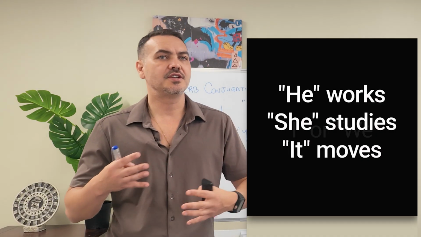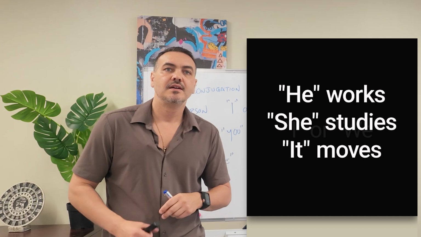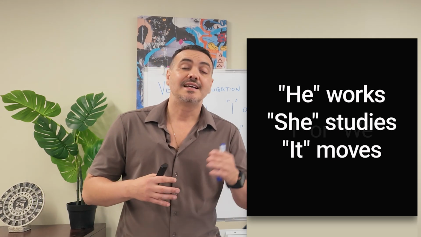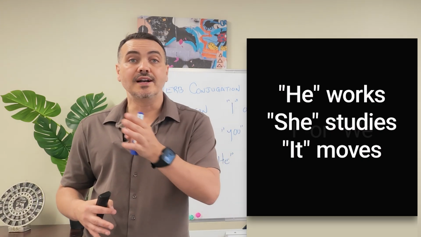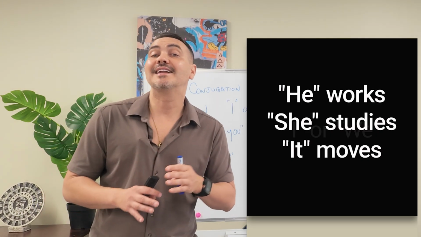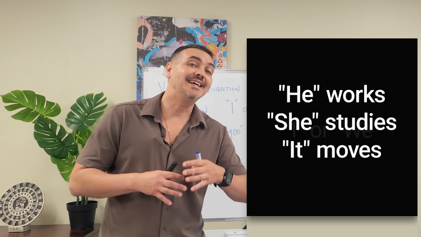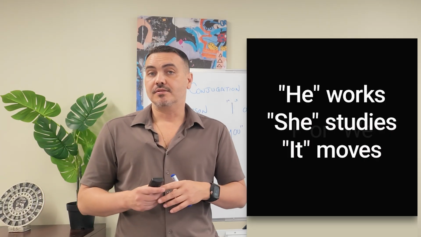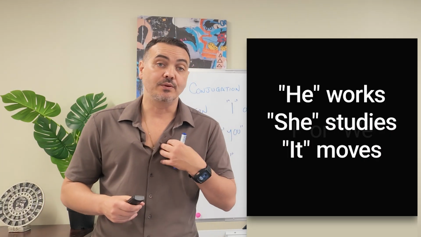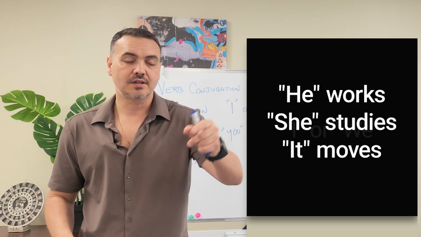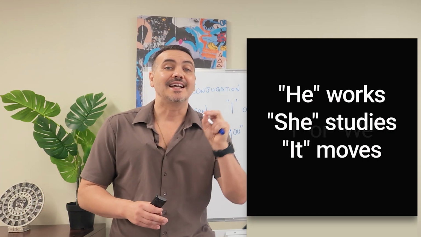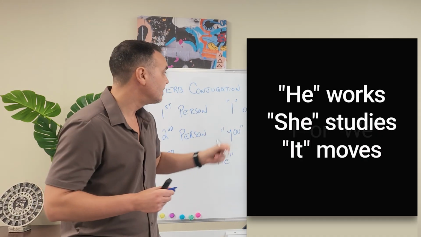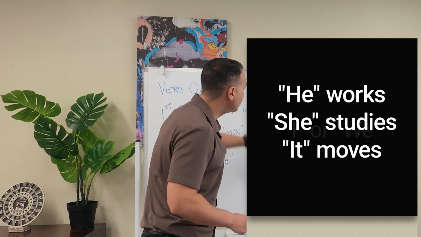You're going to see them start to change. In the present simple tense, when we use he, she, or it, we usually add s or es to the end of the verb. For example, when I'm using verbs like I work or you work, I would say he works, okay, with an s at the end. So this is where it can get confusing.